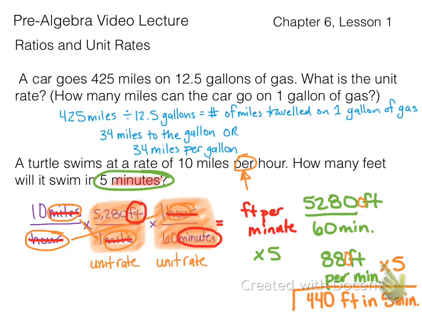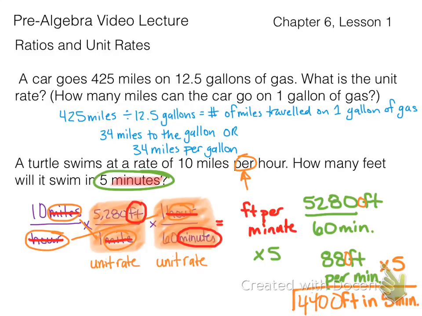There we go, which means when I multiplied by 5, it is actually not 440. It is, let's multiply that by 5. I love it when I catch my mistakes. It is going to be 4,400 feet in 5 minutes. All right? So there we go. I must have forgot to multiply by 10 miles up there.